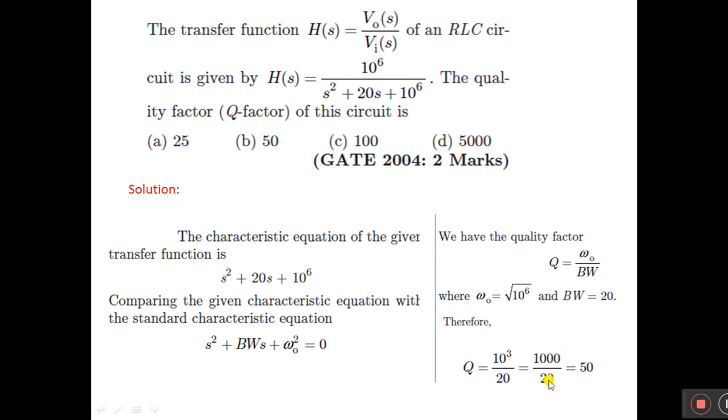If we cancel the 0 and 0, you will get 50. So the quality factor for this transfer function, for this RLC circuit, is 50. So the answer is B.